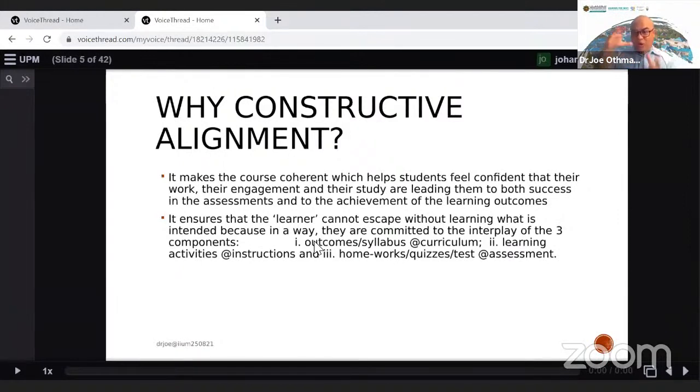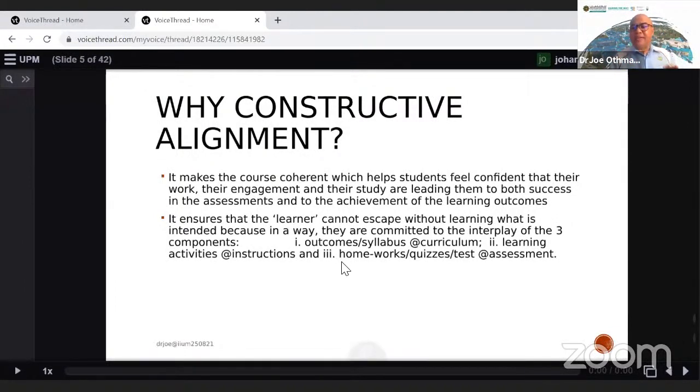So if you are already sure of our 3 components of curriculum, instruction, and assessment, then they are committed to experience what the curriculum has given them, top down, what the teachers teach or what the teachers do in terms of teaching them using whatever pedagogical experiences, and at the end of the class, they will go through any type of assessment strategies or methods that include question and answer, quizzes, tests, midterm tests, projects, group work, and so on.